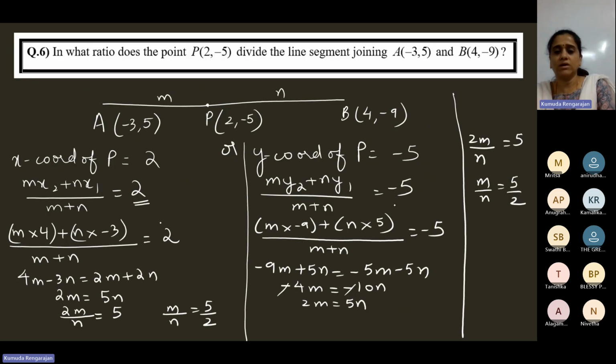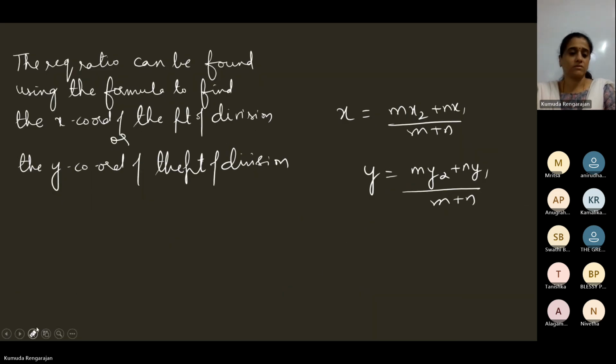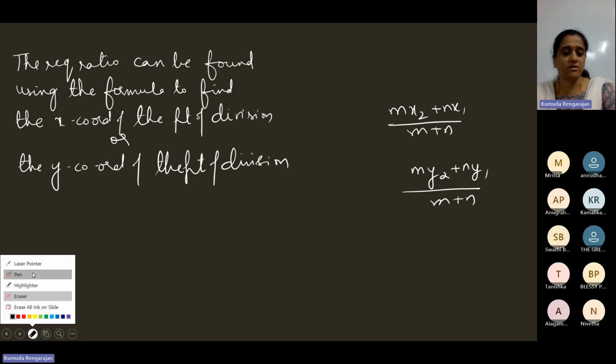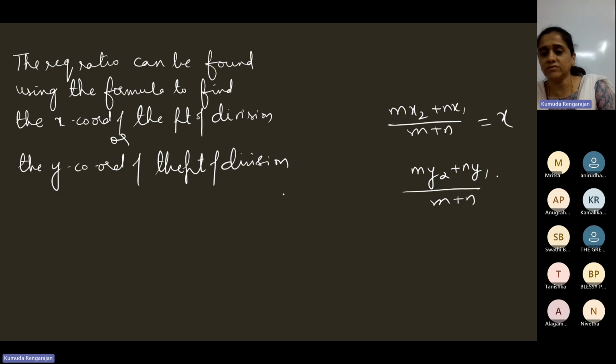X is equal to 2 and y is minus 5. m x2 plus n x1 by m plus n is equal to x, and m y2 plus n y1 by m plus n is equal to y.